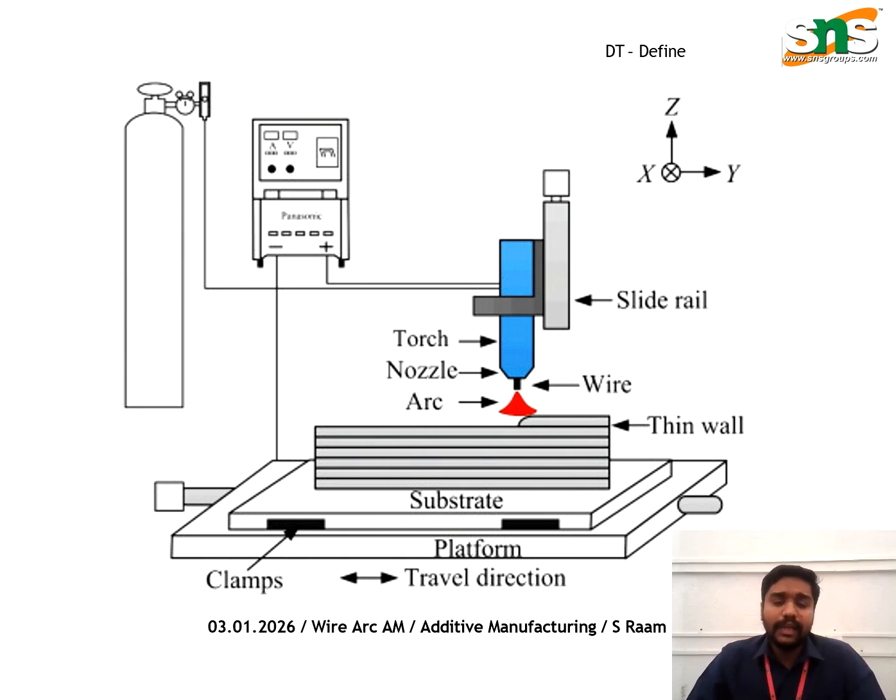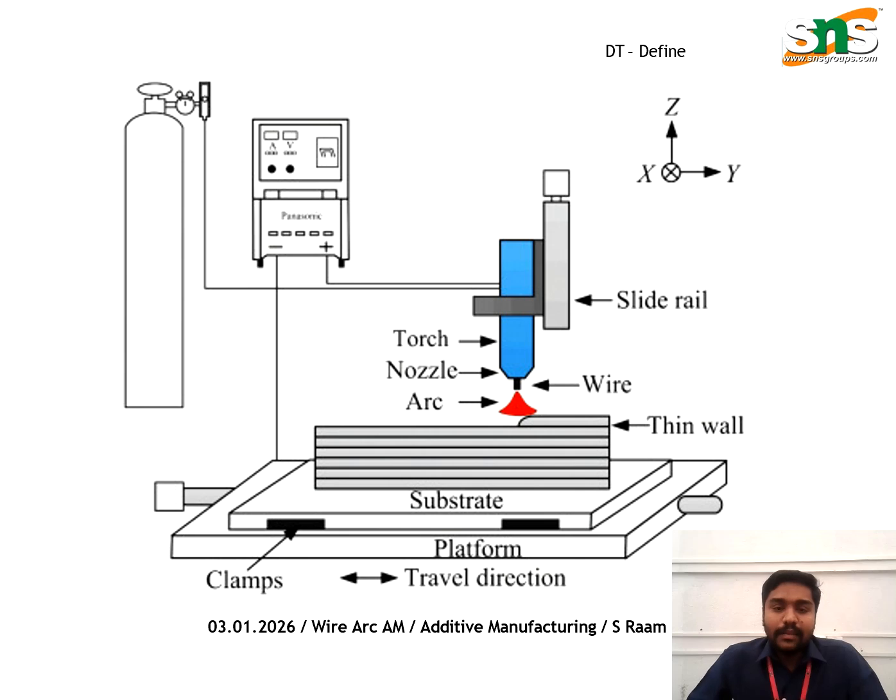With the help of the torch, through the nozzle, the metal wire is fed. It is heated and then suddenly solidified onto the substrate, so we can form a structure layer by layer.